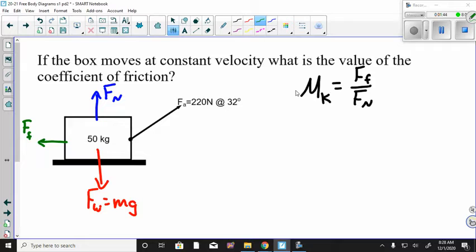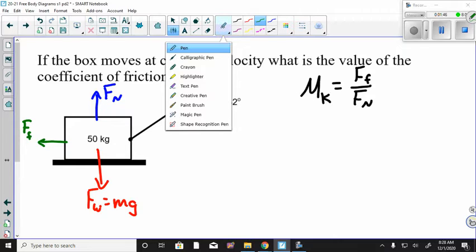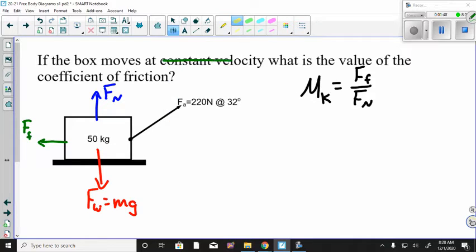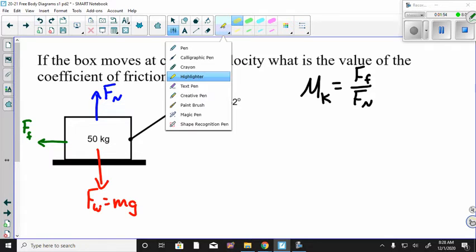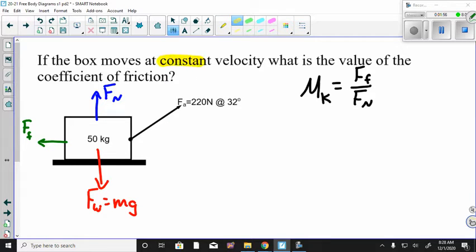And because this object is traveling at a constant velocity, I know that the net force acting on the object has got to be 0.